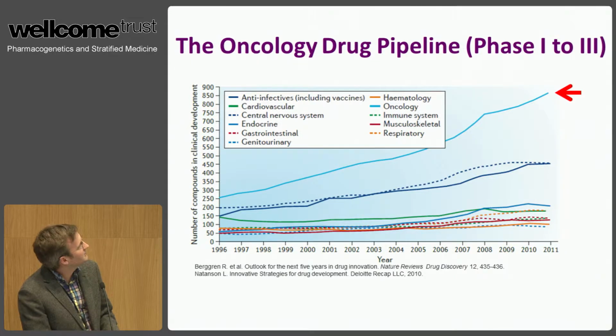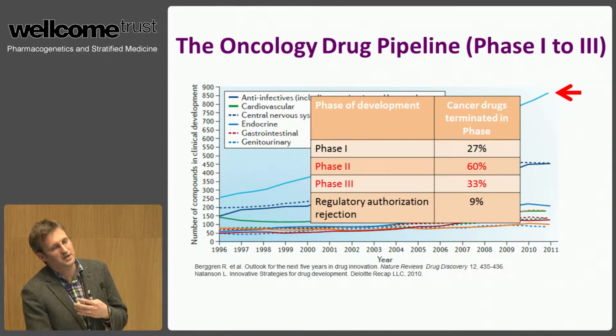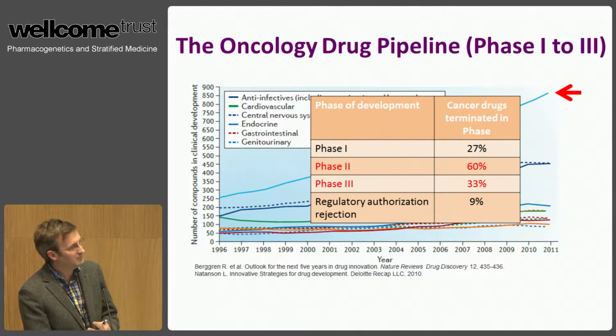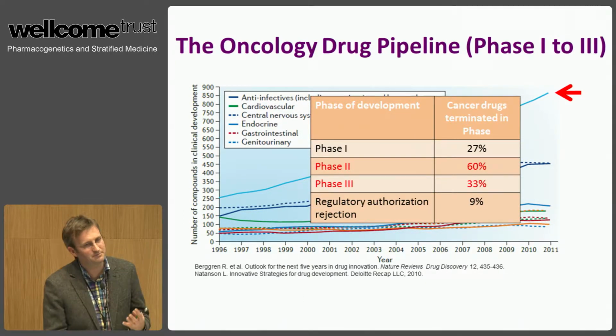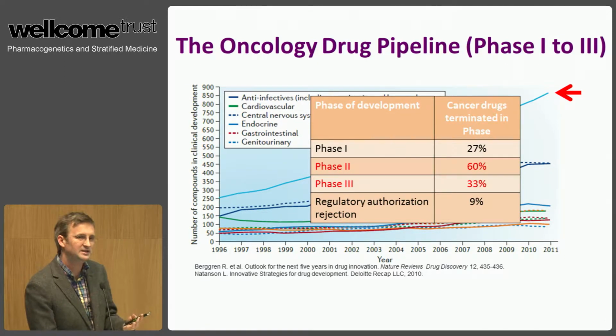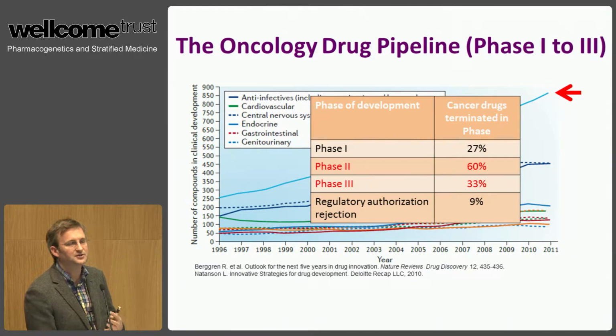In fact, overall, historically, the success rate for oncology drugs is extremely poor. Most drugs fail in phase 2 clinical trials, and they fail because of lack of efficacy. This is a very expensive process, with a lot of waste of money and of patients, so we're really seeking to improve this process.